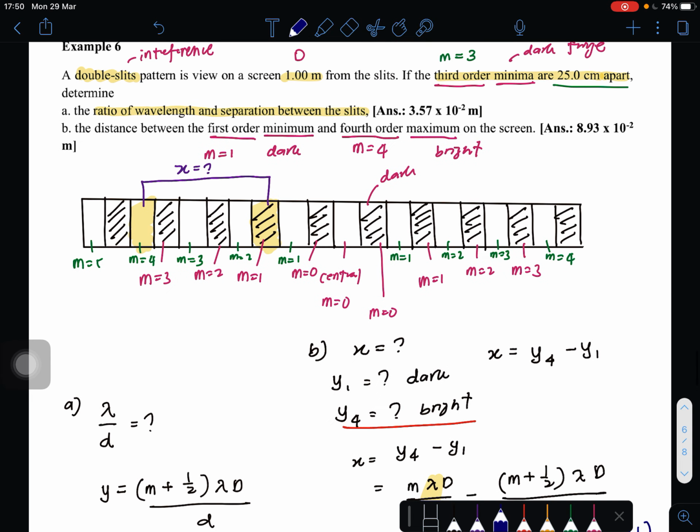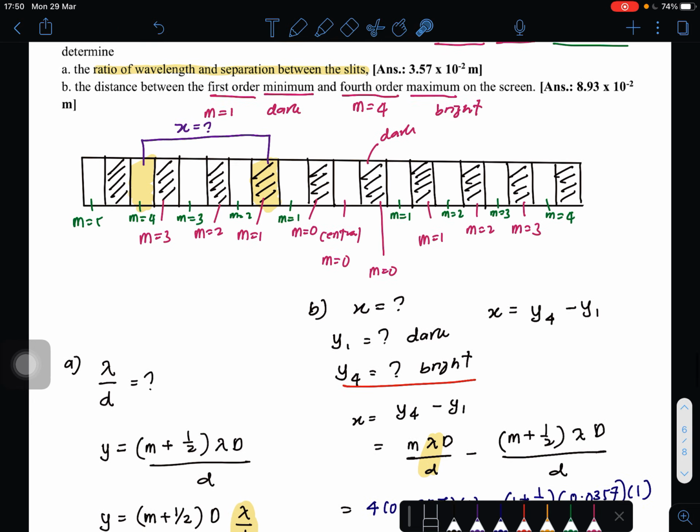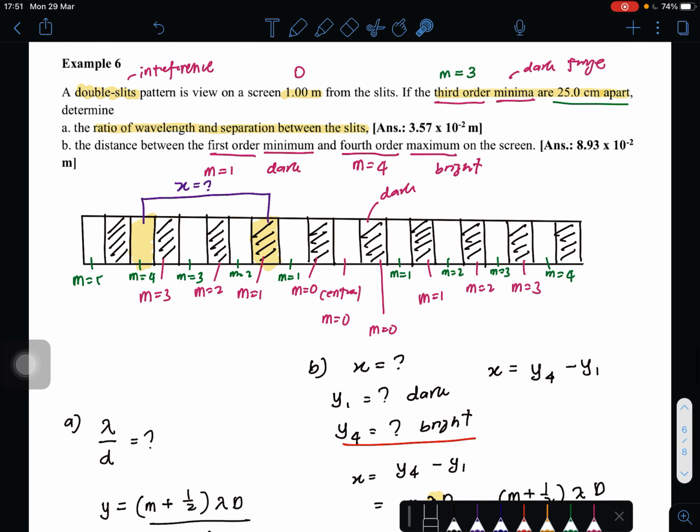Okay, so just remember, kalau dia mau distance between minimum and maximum, between dark and bright. So maksudnya dekat sini, we want to find that X value, this one kan. So yang paling senang, kita cari dahulu distance Y4, di mana kita tahu Y4 adalah daripada sini ke sini, and then distance daripada central ke the first one. So from there and then from there. So just tolak saja. Okay, so that's all for example 6. Thank you.